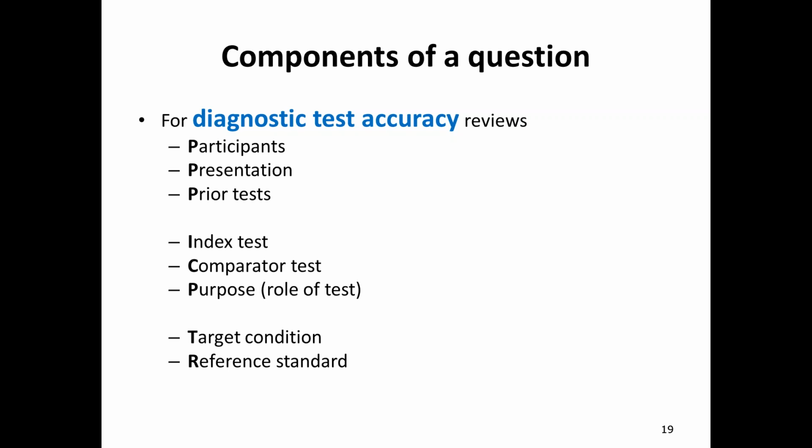So we don't just talk about participants, we talk about participants and where they are in a diagnostic pathway. What is it that they've presented with? What previous tests have they had and what results did they have? And that helps us identify what is the right study group to look for in our eligible studies.